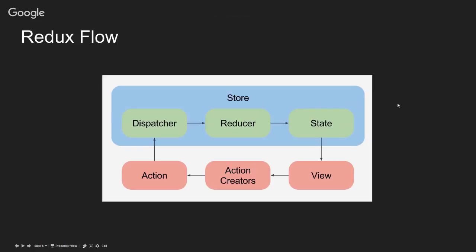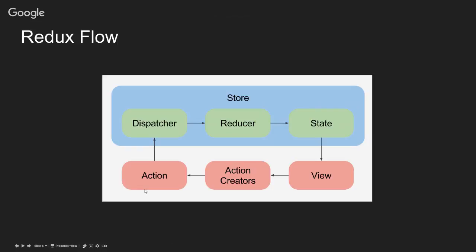It's pretty similar to Flux, again, if you have experience with that, because I think Redux is technically a Flux implementation or a subset or something. So how it works is you have your state. Your state gets displayed by the view, and then say the user interacts with the view, it will call an action creator that will return an action object. That's usually it.